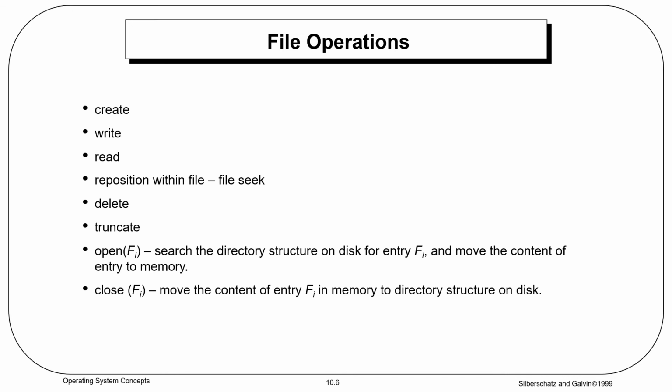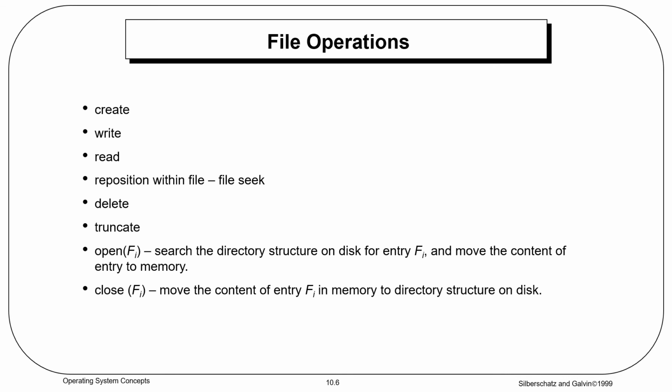Again, the directory is searched for the associated entry and the system needs to keep a read pointer to the location in the file where the next read is to take place. Once the read has taken place, the read pointer is updated.